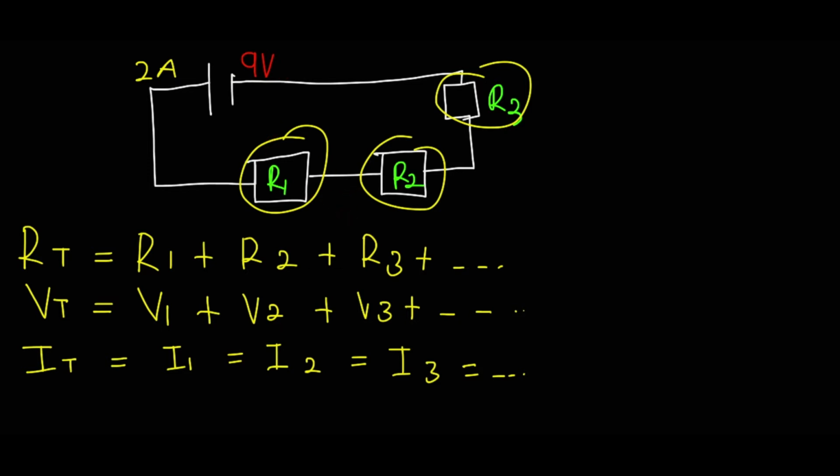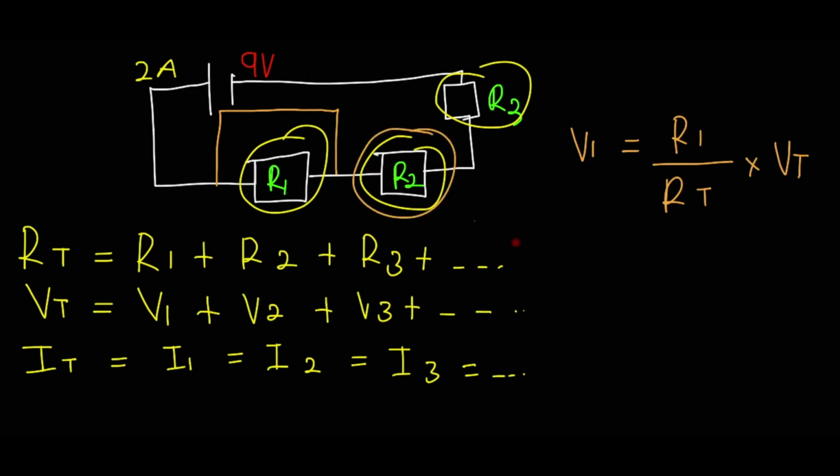But let's say if we calculate the voltage across this resistor, we should use the voltage divider rule. V1 is equal to R1 over R total times V total. So that is the voltage divider rule formula. You can know the voltage on this resistor. Even for this one you can do the same thing.